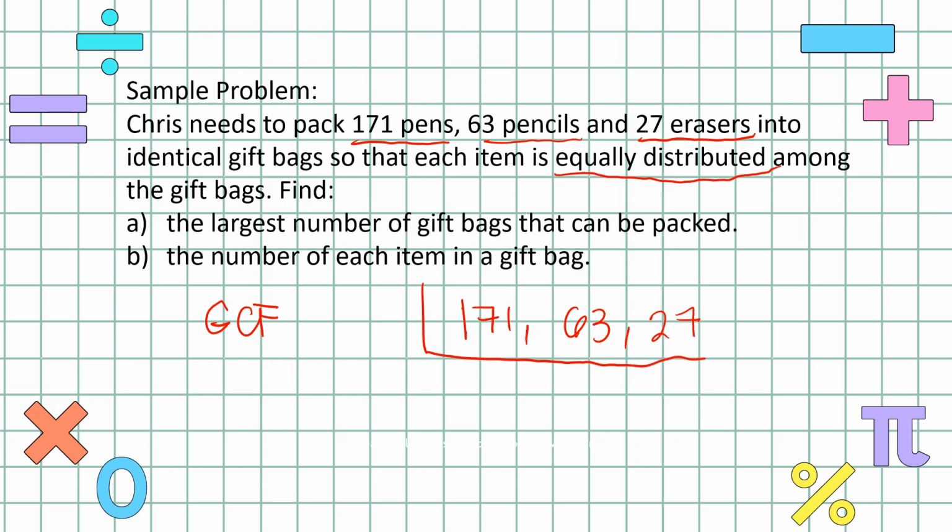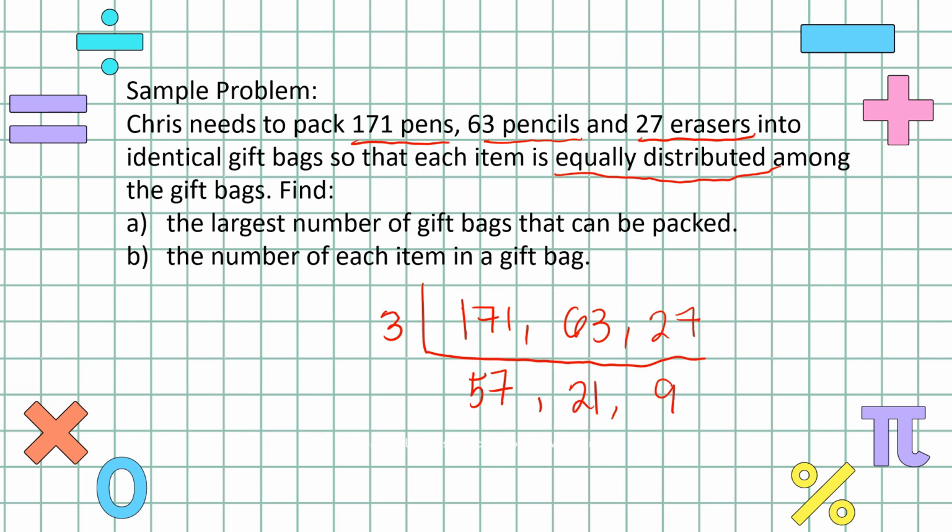Finding the GCF, let's divide by their common prime factor. And good thing all of these numbers have a common prime factor of 3. 171 divided by 3 is 57. 63 divided by 3 is 21. 27 divided by 3 is 9.